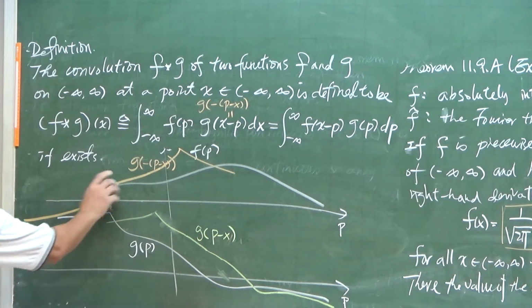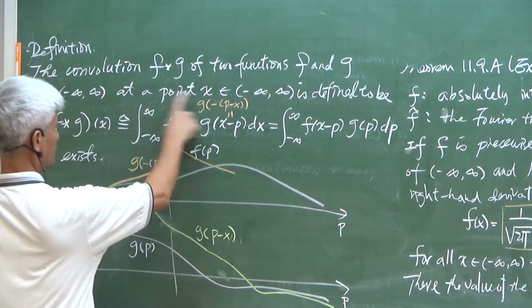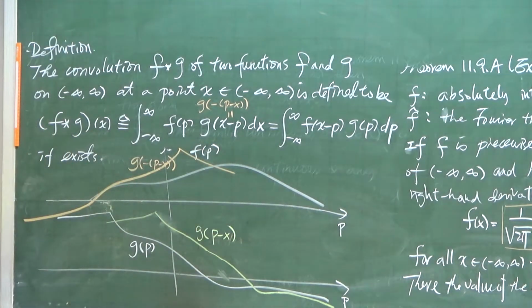And you take the product and integrate everything. This is called convolution.